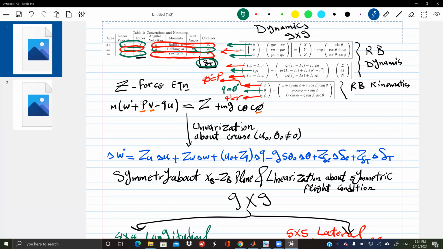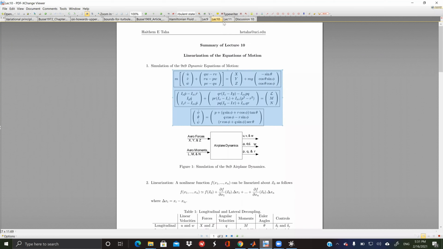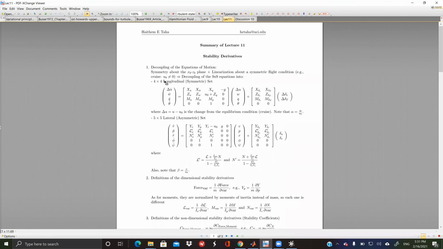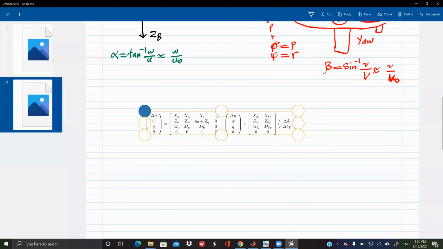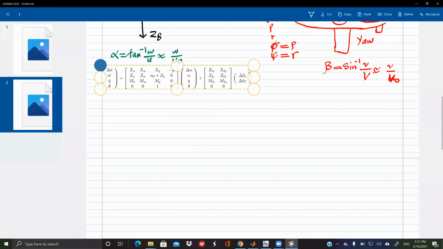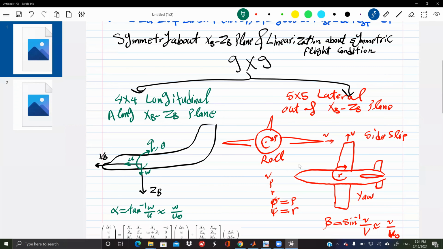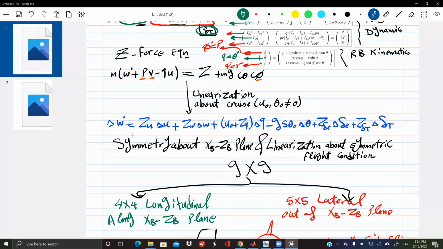So going from the full equation to the linear equation, this is what we did last time. You can really do it for any of these equations. If you do it for the green ones, here is what you're going to get, and you'll find them in the lecture as well. Let me show you this here, for example, because I can write W dot in terms of something times the variables and something times the controls.